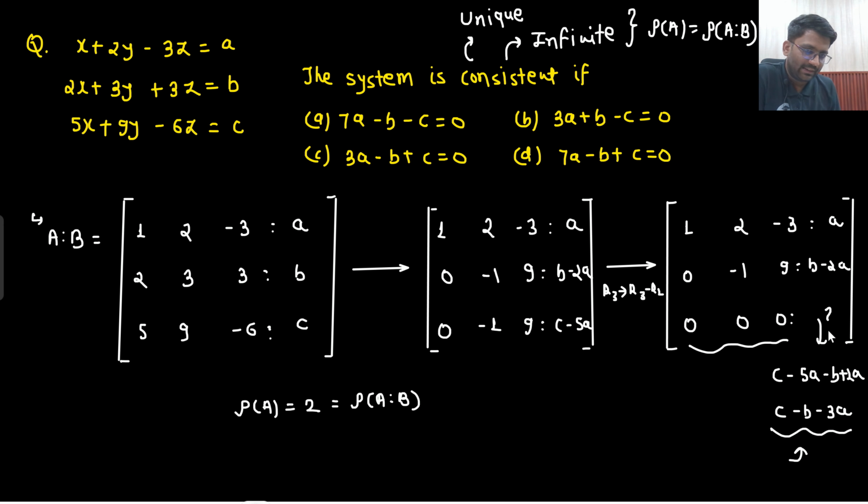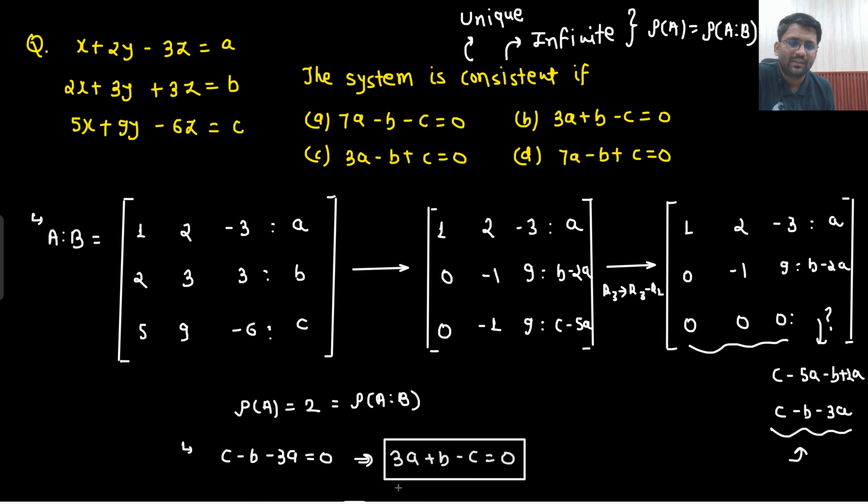Because if that is 0, then it will become a 0 row, so the non-zero rows would be only 2. What does that mean? You would want c minus b minus 3a equals 0. And that's the answer: 3a plus b minus c should be equal to 0. There you go. Understandable? This is the answer.